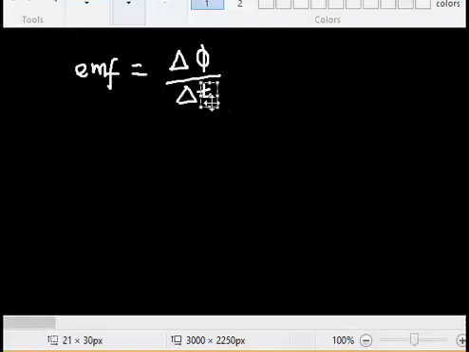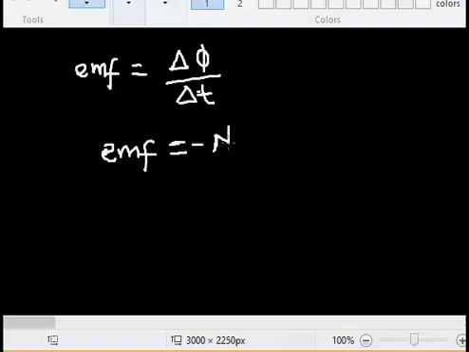But the formula from Faraday's laws of electromagnetic induction is written in full this way: EMF equals minus N times the differential change of flux with time.